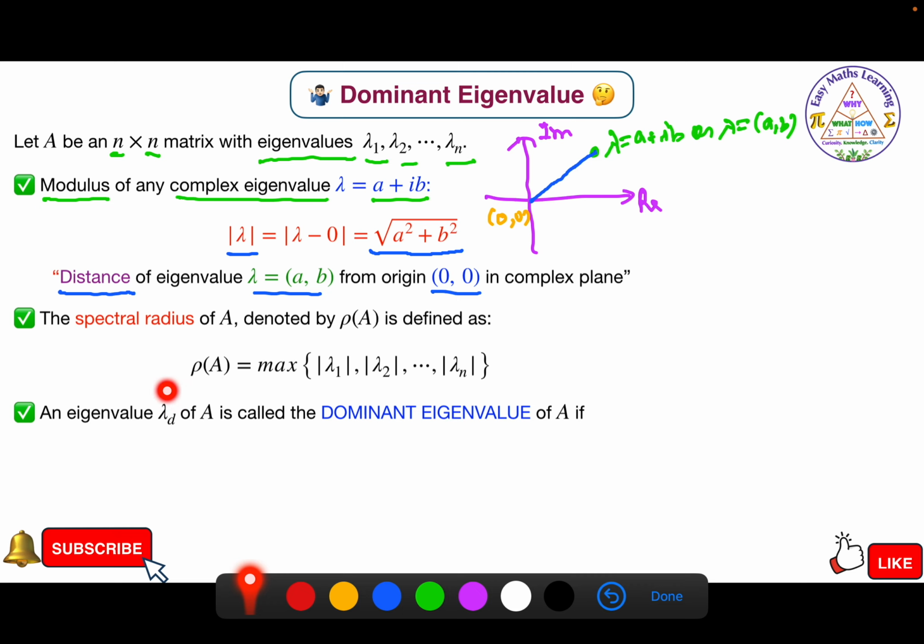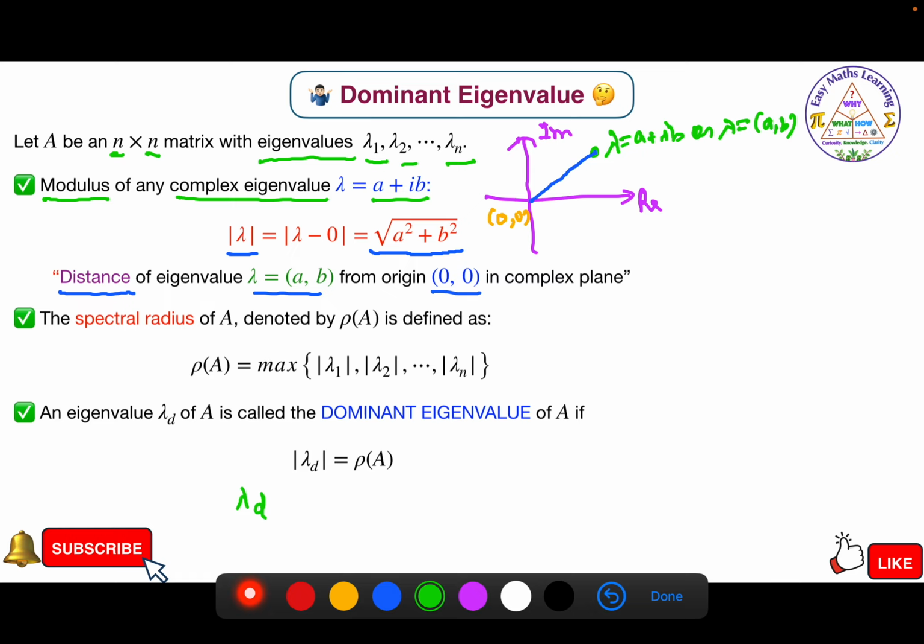So any eigenvalue, suppose we denote this eigenvalue by lambda d, is called dominant eigenvalue of A if modulus of lambda d equal to rho of A. It means eigenvalue whose magnitude equals spectral radius is called dominant eigenvalue. Or we can say eigenvalue with largest magnitude is called dominant eigenvalue.